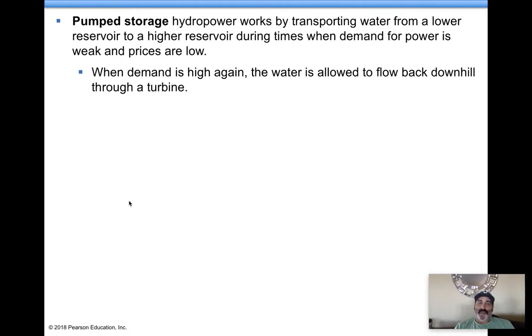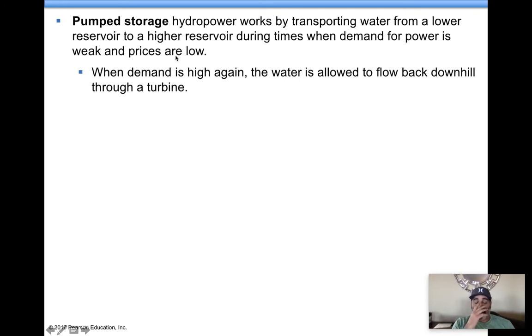Pump storage, what does this mean? Well, sometimes electricity gets very cheap. When electricity gets very cheap, meaning there is a lower demand for electricity, there's no need to keep producing it. So they use that cheap cost of electricity to expend energy and pump water to be stored in a reservoir at a higher elevation.